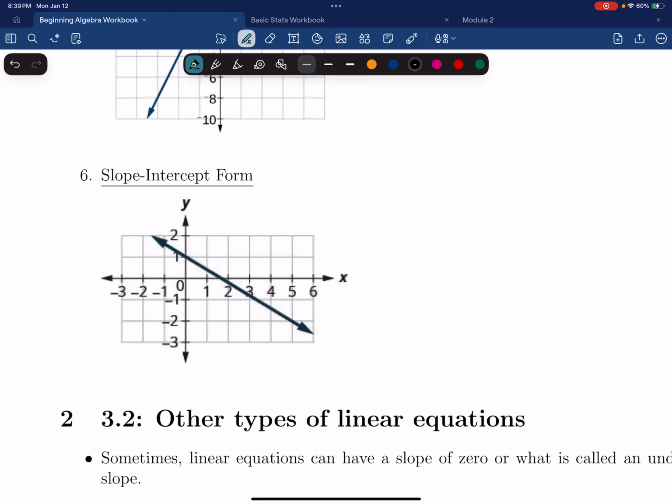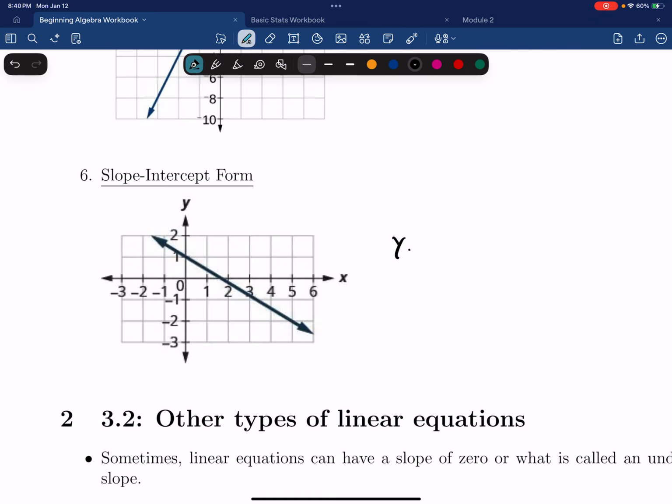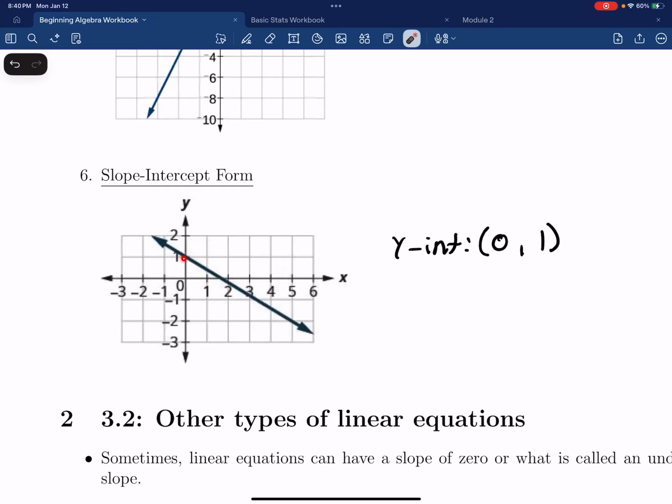Now looking at our final example for this section, I encourage you to pause the video and work through it. And assuming you have gone through it, let's go through it together. So our y-intercept is going to be here at the point (0, 1). And then our slope, well, let's start from the y-intercept.